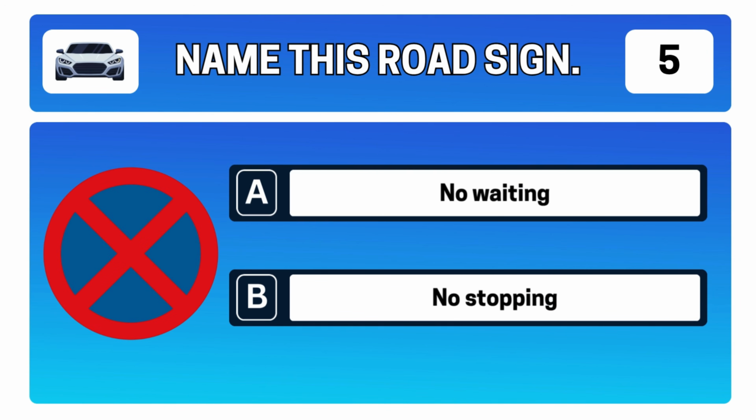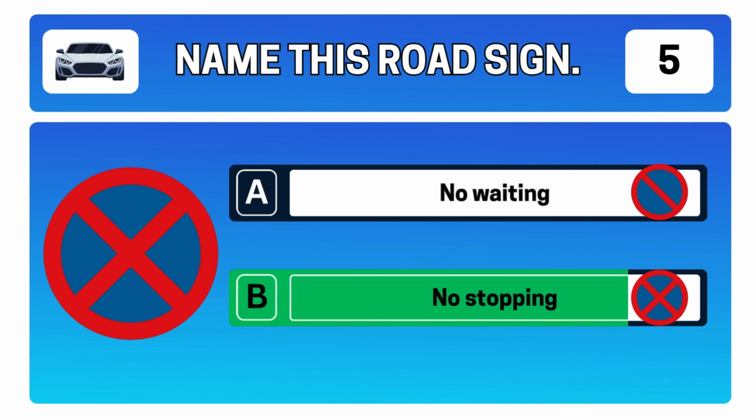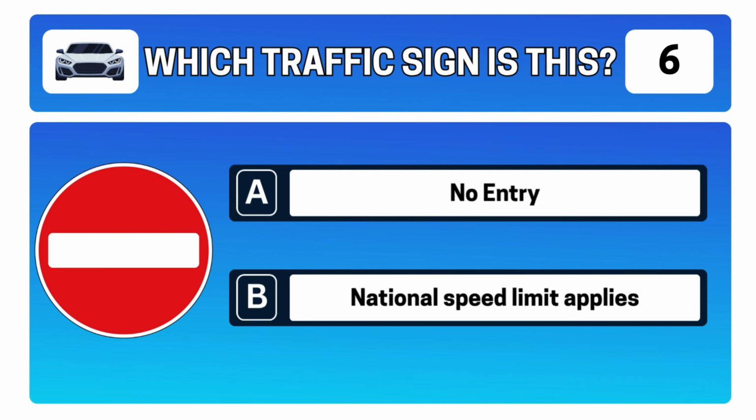Name this road sign. A. No waiting. B. No stopping. Exactly. It is the no stopping sign. Which traffic sign is this? A. No entry. B. National speed limit applies.